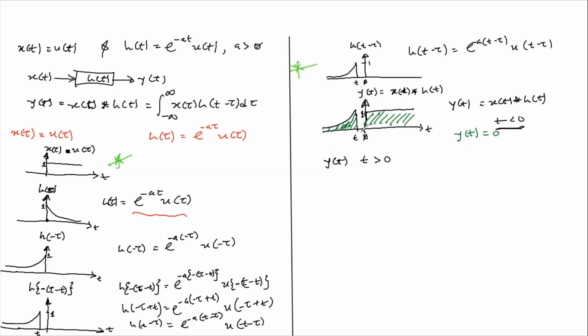Now, if t is greater than 0, then it means this shifted component is moved to the right, more like sliding towards the right. So once we do that, y of t now looks something like this.